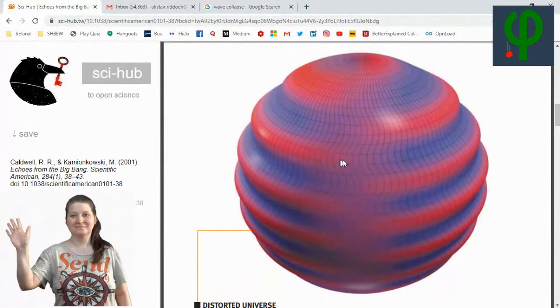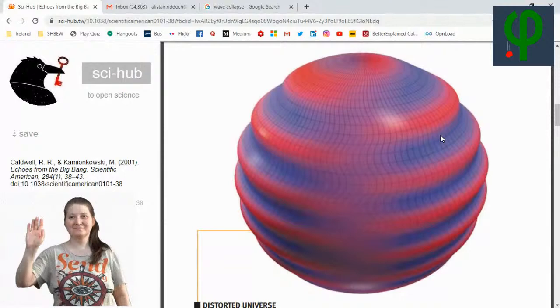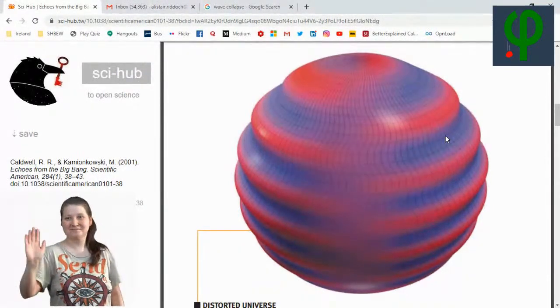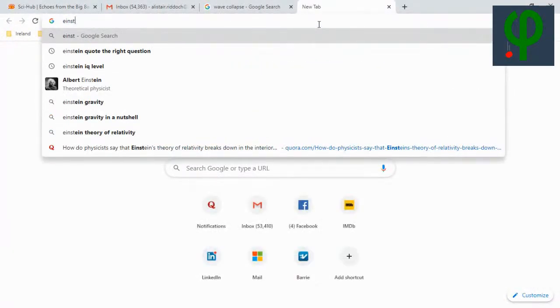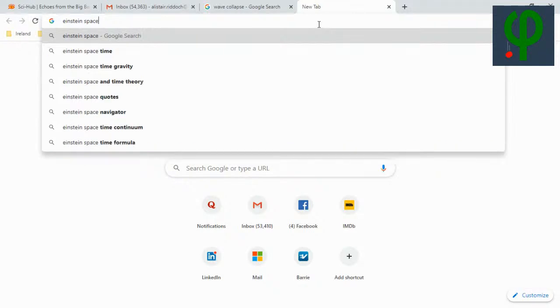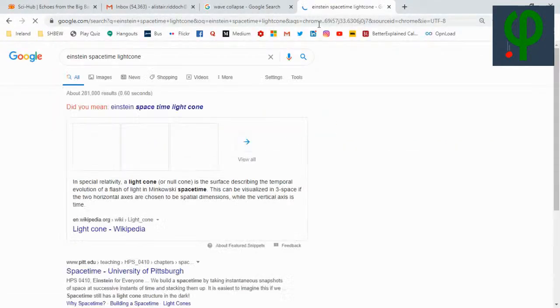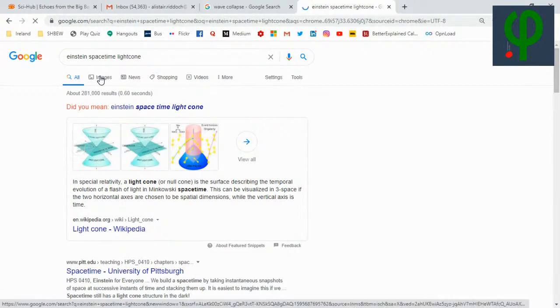I was just trying to explain that we are looking for an explanation which includes the light cone. So when you say Einstein space-time light cone, okay, so that's this.